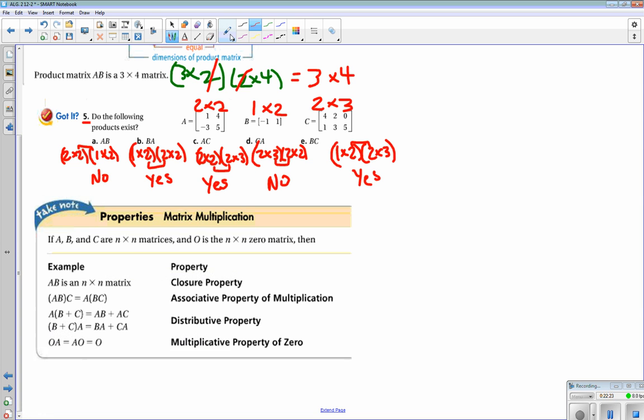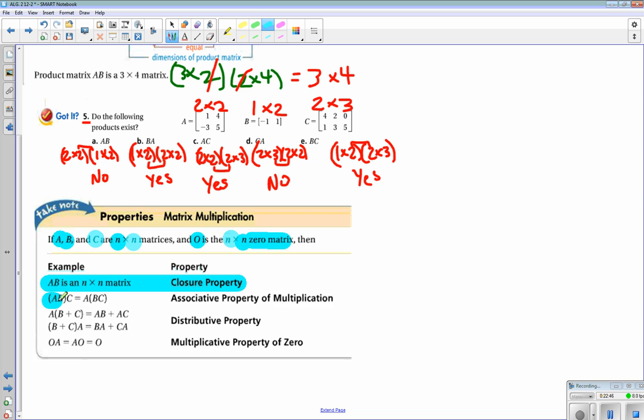So let's look at some properties for matrix multiplication. If A, B, and C are n by n matrices, and O is the n by n zero matrix, then all these things are true. A times B is an n by n matrix.